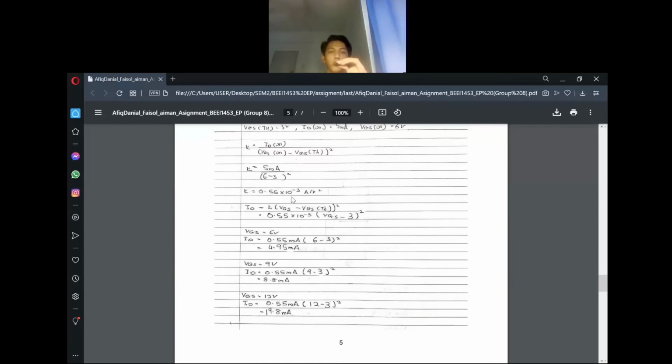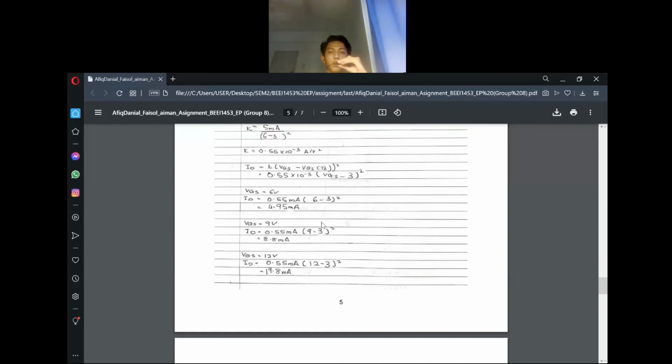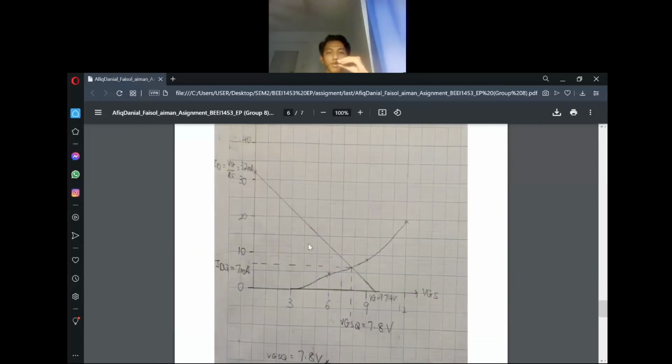We apply this formula to find ID for VGS 6 volt. ID equal to 0.55 milliampere times open bracket 6, which is VGS, minus 3, from VGS TH that has been given, close bracket power of 2. So we get 4.95 milliampere, and we plot it here.